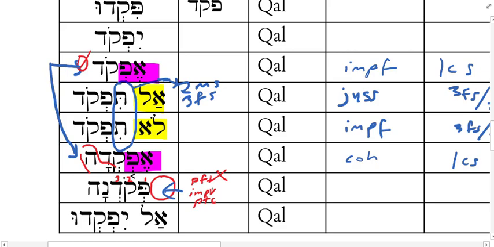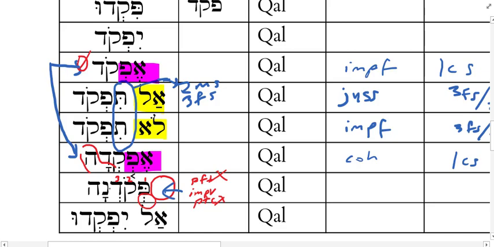And then the imperative is the kind of vowel pointing we're seeing here, right? Because with the imperatives, after I chop off the head, I'm left with a shva, so it's either a vocal shva or two vocal shvas that have to fix themselves by the rule of the rider mechanism. So it's either pik or pekod, pikdu, pekodna.